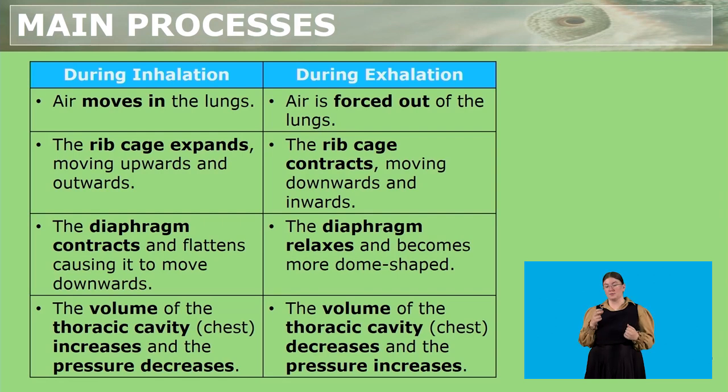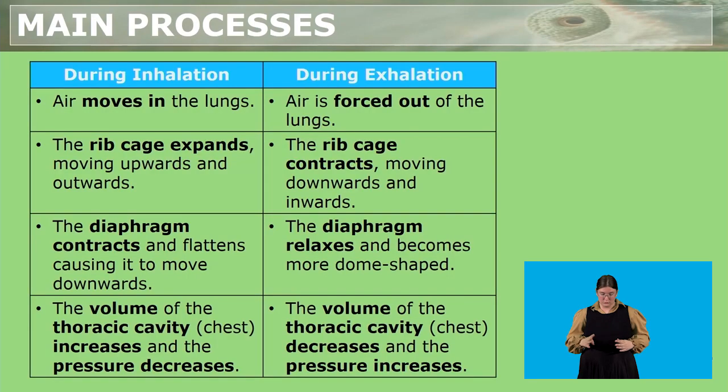We move on to exhalation. Now when you try and release that air, you will see that when air is forced out of the lungs, the rib cage contracts, meaning it will become smaller. It moves downwards and inwards. The diaphragm then relaxes and becomes more of a dome shape.